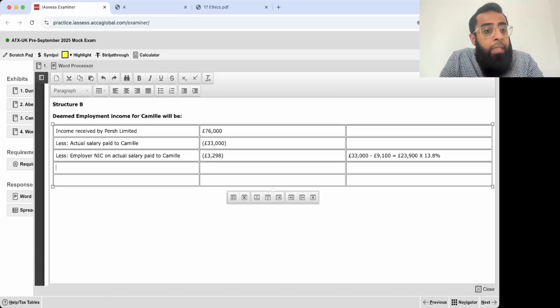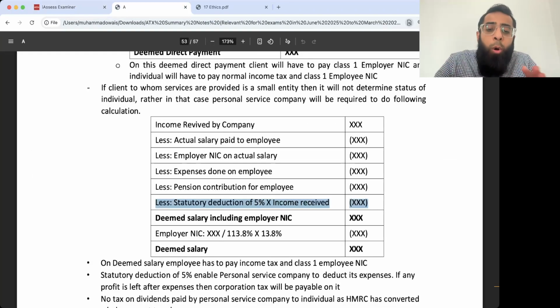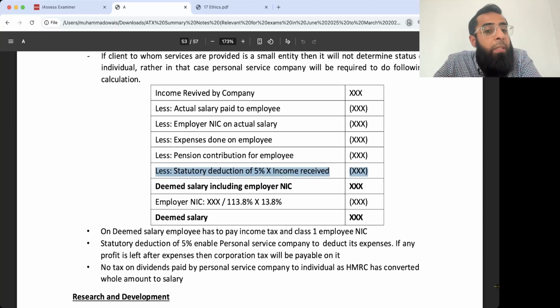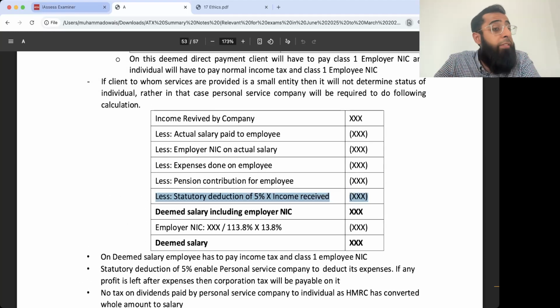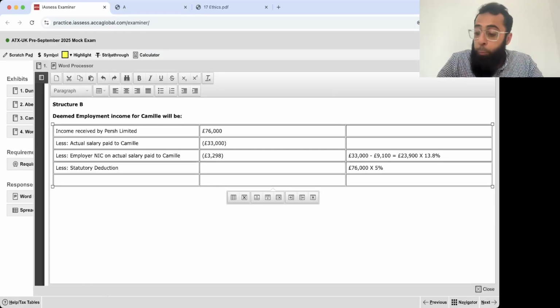3298. Then less statutory deduction. You all know that this deduction is allowed to the company for its expenses, so that later on the company has some taxable income also remaining. We have studied all of these things when we were studying this personal service company and IR 35 legislation. If someone has forgotten that, you need to, I believe, take that lecture again, because it's a big concept. It cannot be just revised while solving the past paper.